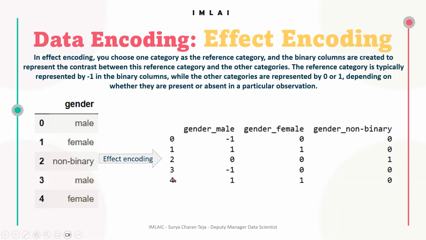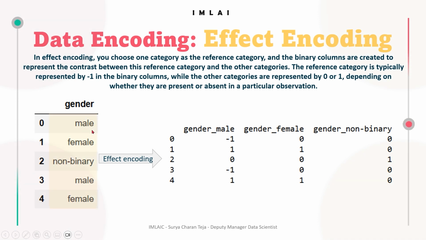And that's what has happened here. Effect encoding is commonly used in statistical analysis or regression modeling when you want to compare the effects of different categories relative to a reference category. It allows you to understand the contrast between different categories and their effects on an outcome variable.